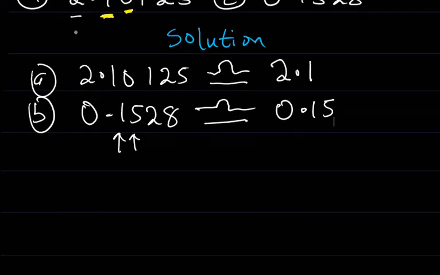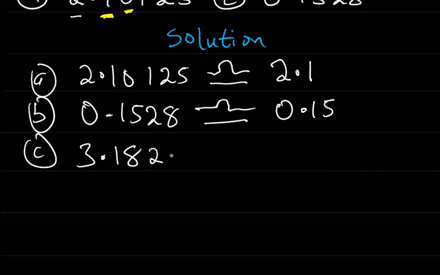But what if I add some numbers? What if you have something of this nature? To approximate to two significant figures, of course this is 1, 2.